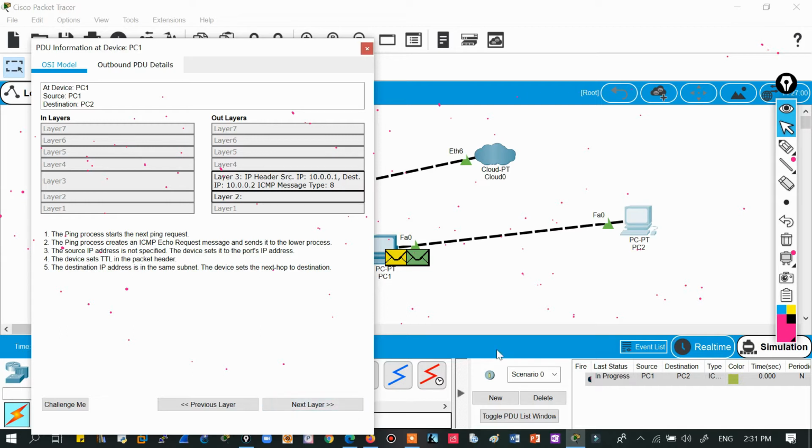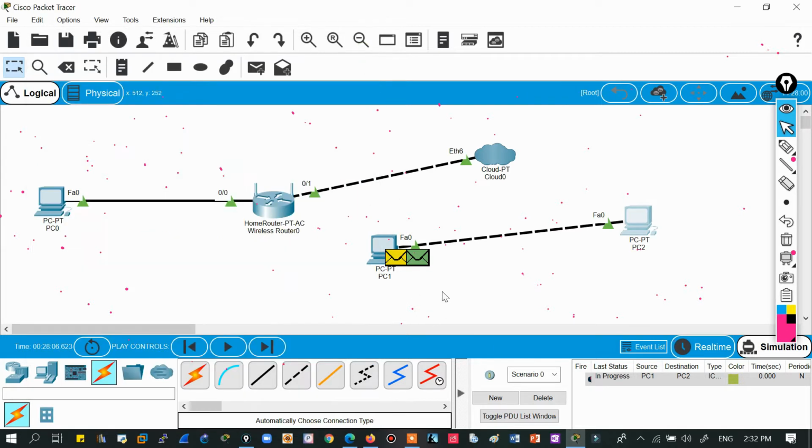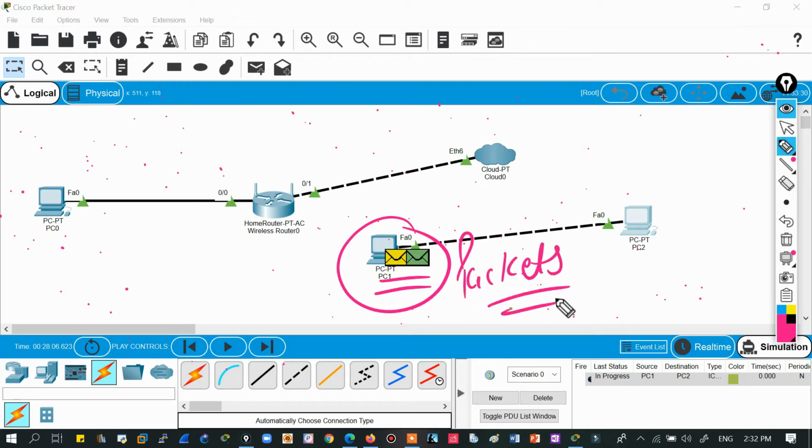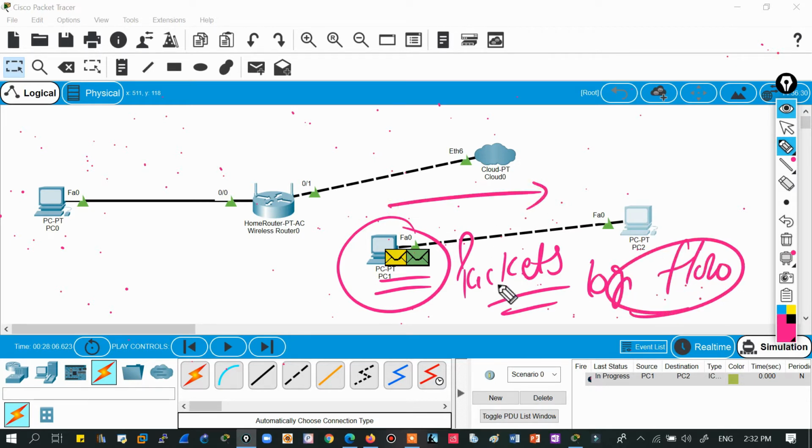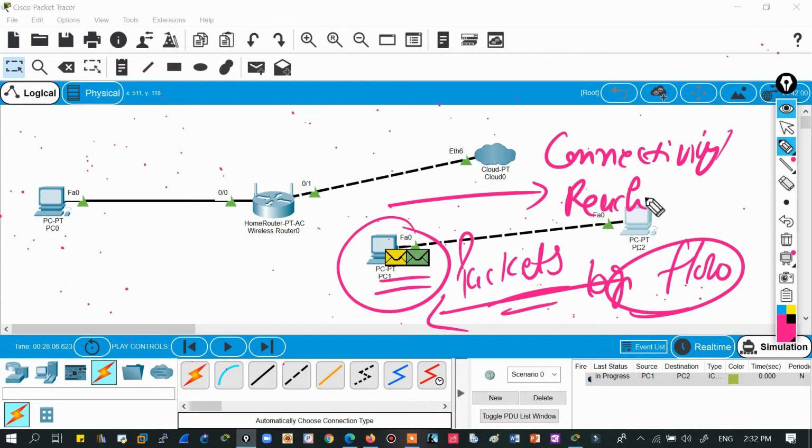Just remember this simple thing: if you don't have an IP address, you cannot create these packets, and if you cannot create the packets, you cannot logically flow the data in a network. It means that for data to be transferred from one device to another, you need some connectivity, some reachability between devices in a network.